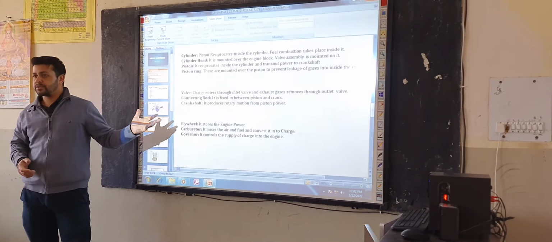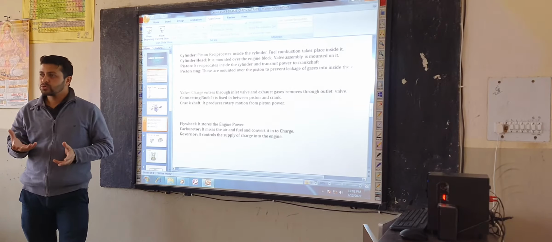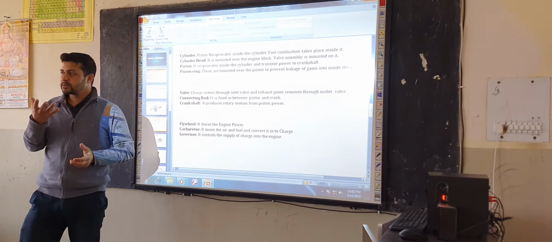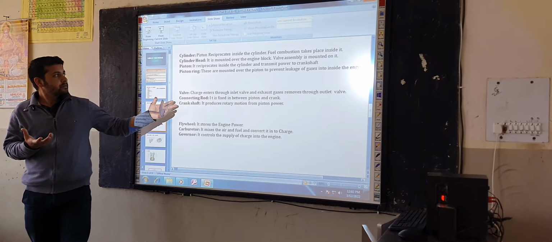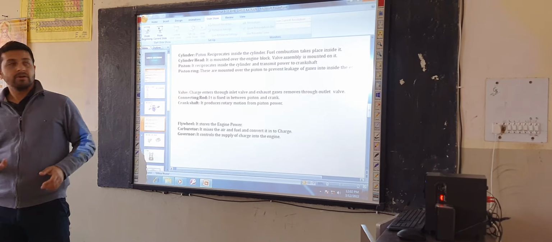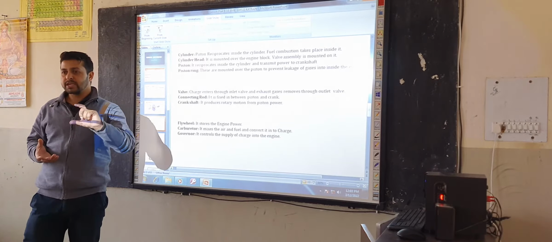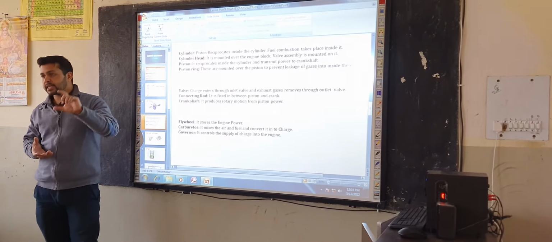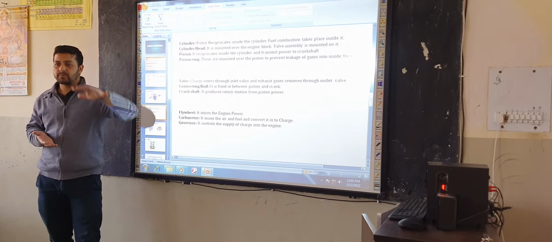Or in other words, we can say that the piston is used to combust the charge by using 4 strokes. Piston actually creates reciprocating motion. Reciprocating motion is to and fro motion, or maybe up down motion.